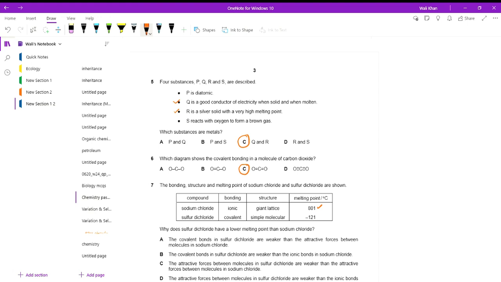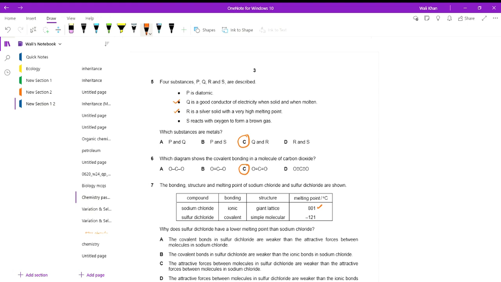Why does sulfur dichloride have a lower melting point than sodium chloride? The covalent bonds in sulfur dichloride are weaker than the attractive forces between molecules in sodium chloride? No. The covalent bonds in sulfur dichloride are weaker than the ionic bonds in sodium chloride? No. The attractive forces between molecules in sulfur dichloride are weaker than the attractive forces between molecules in sodium chloride?